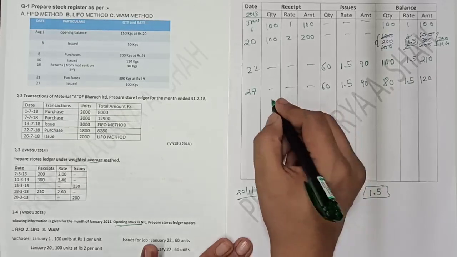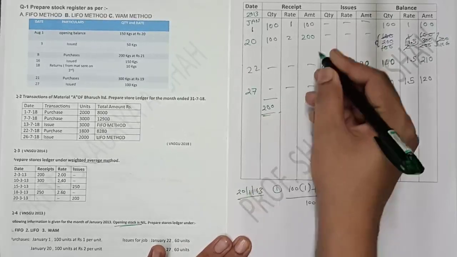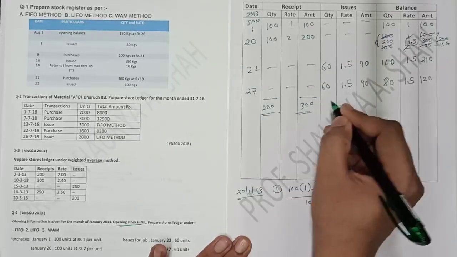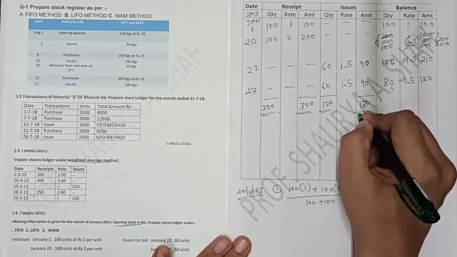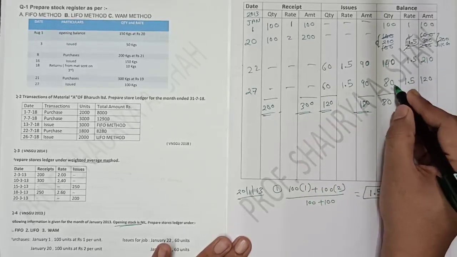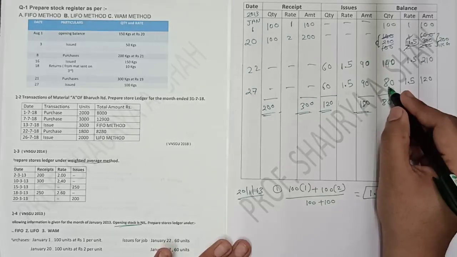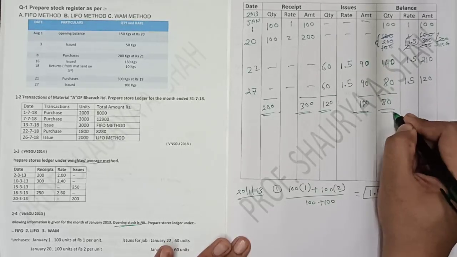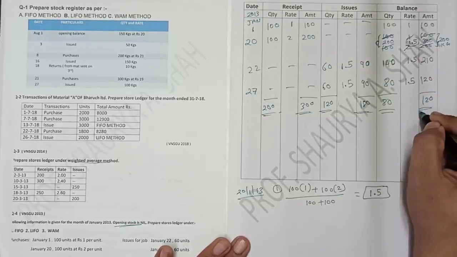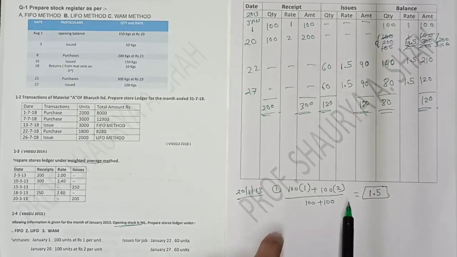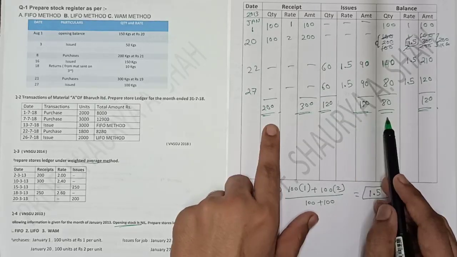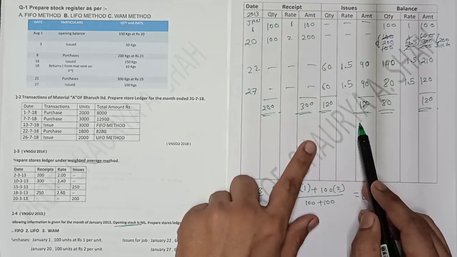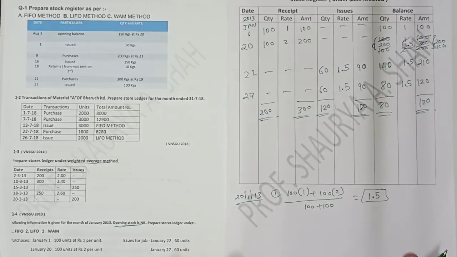So doing the total, students, 200, amount will be 300, quantity will be 120, here 180. The final quantity I am having will always be the last row which you are having, that is 80, here the value is 120, right? So here also, students, if you note, 200 minus 120 gives you the value of 80. 300 minus, again we can say, the amount 180 gives you the answer of 120, right?